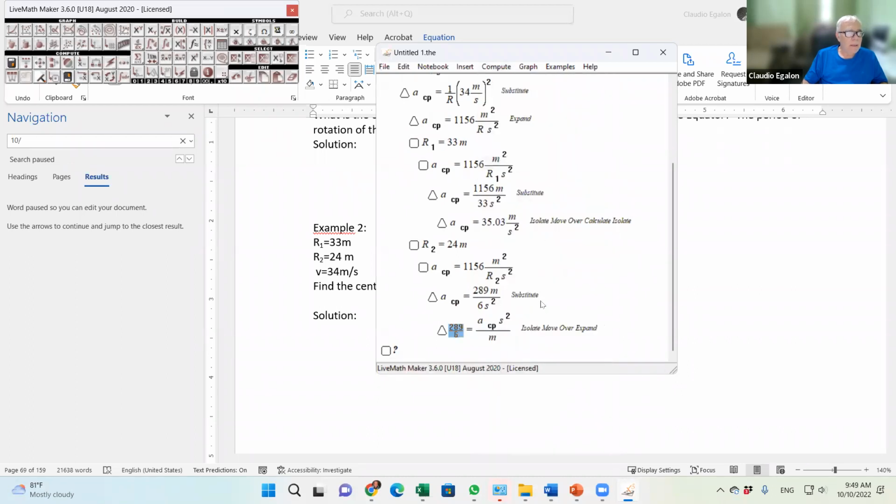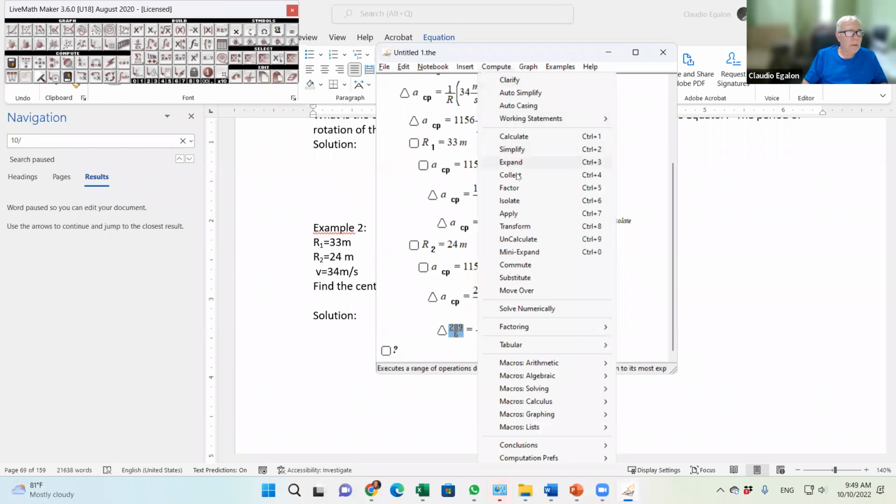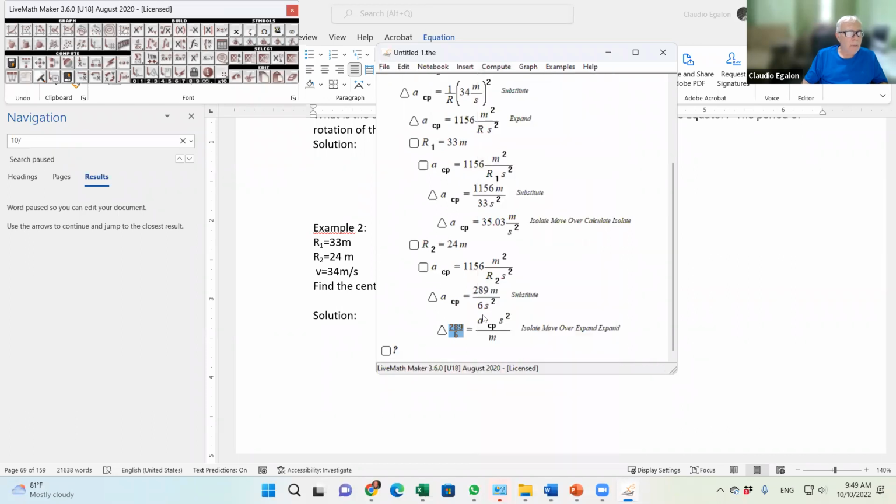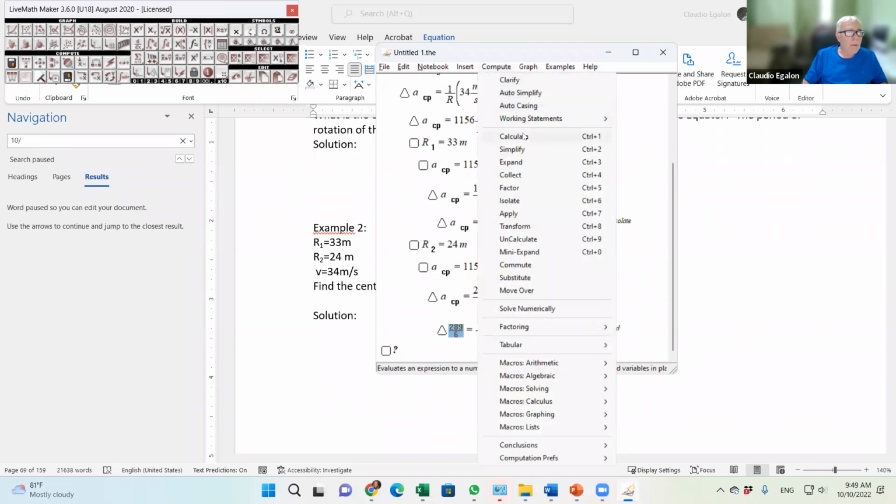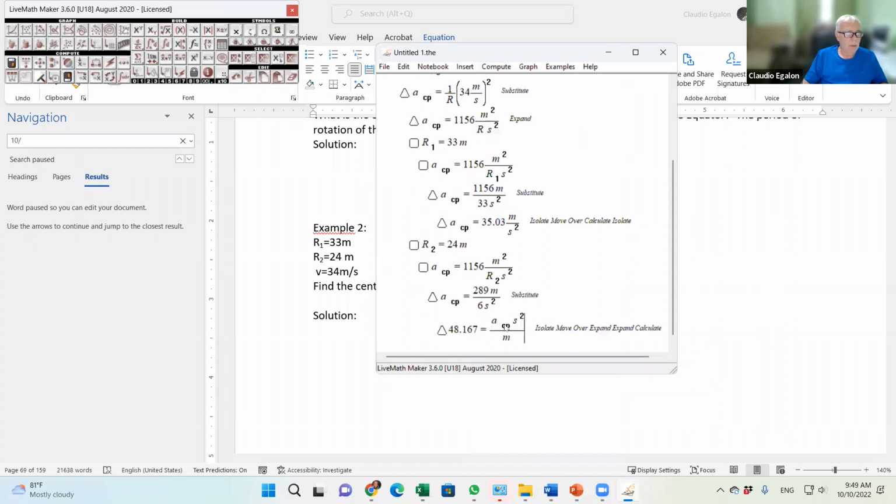Expand doesn't work, so I have to calculate it. Here's the other acceleration value. Okay, the first acceleration is 35 meters per second square. The second acceleration is 4.8 meters per second square.